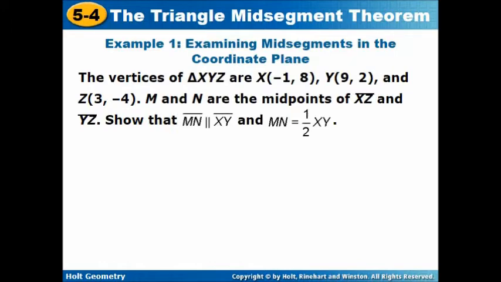Our first example is going to examine two critical characteristics of midsegments and their corresponding sides. You remember each midsegment has a corresponding side of a triangle. So we're going to draw a triangle, triangle XYZ. And there really isn't enough room on the Know-It notebook or the skeletal outline to draw this triangle.